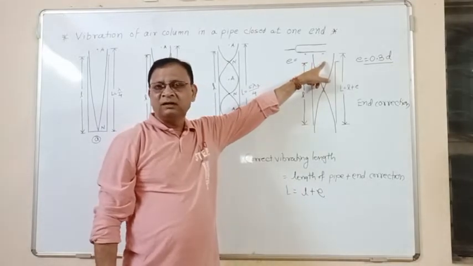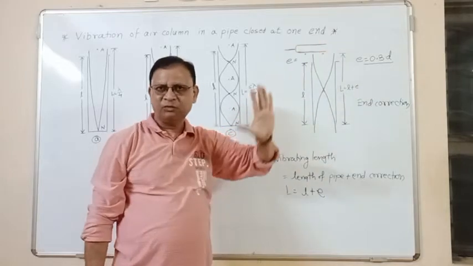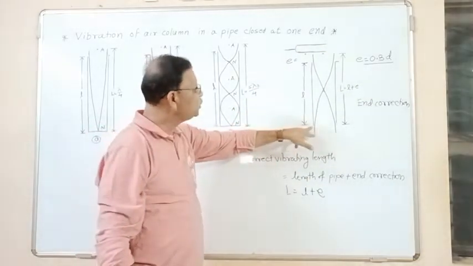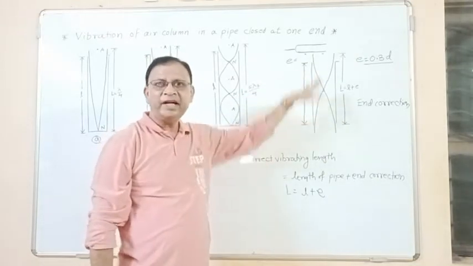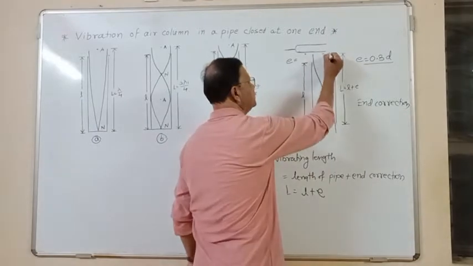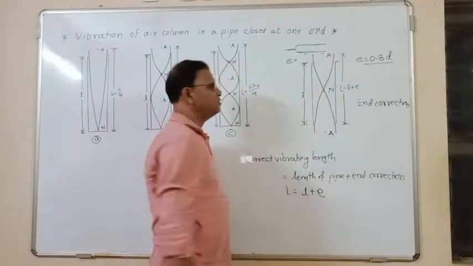So antinode is formed at the open end. When the stationary wave forms, antinode always forms at the open end. But here there are two open ends. So two antinodes are formed and one node is formed. Here is also antinode, here is also antinode, and one node is formed here.